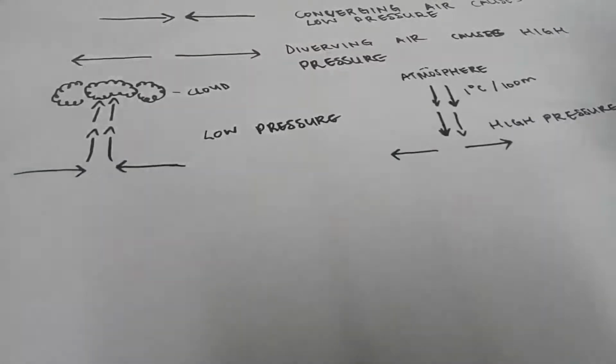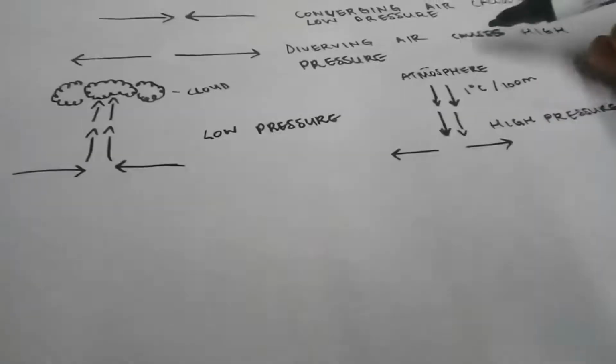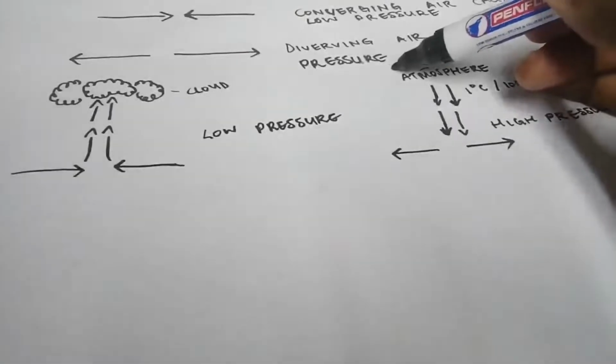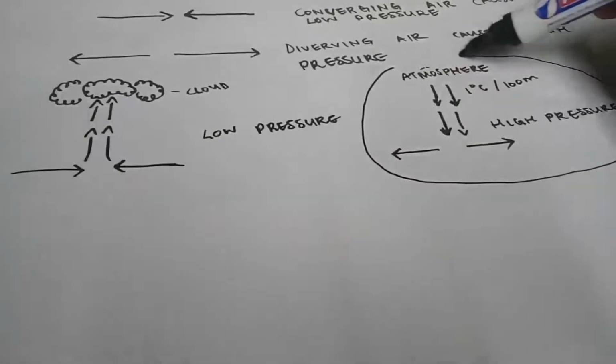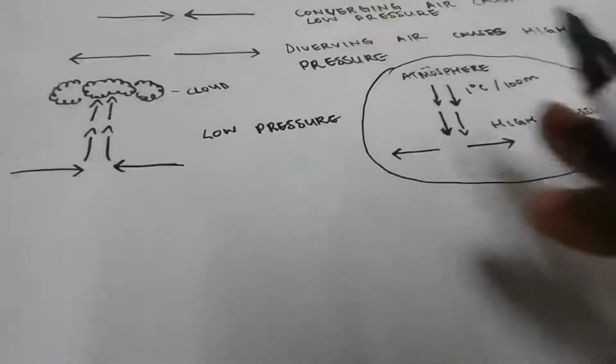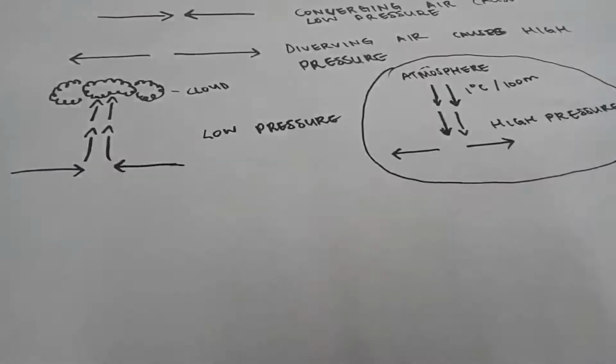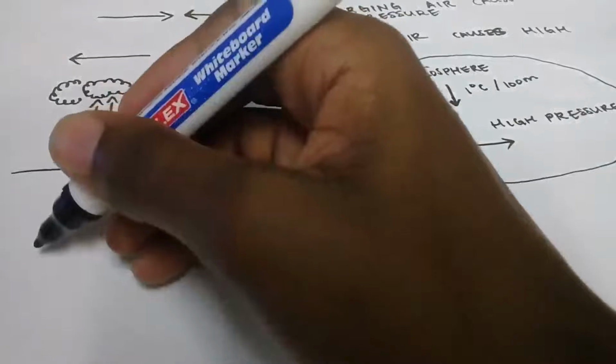So basically, this is the subtropical anticyclone we're talking about. This is how a subtropical anticyclone forms. This is part of it. They occur in winter, mind you.